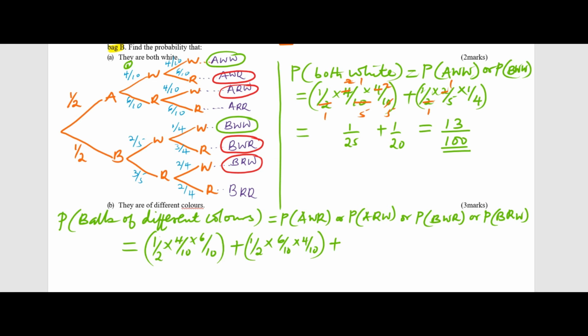Plus probability B white red, now we're in B. So it is this one, a half multiplied by 2 over 5 times 3 over 4. The last one is B red white, so a half times 3 over 5 times 2 over 4.